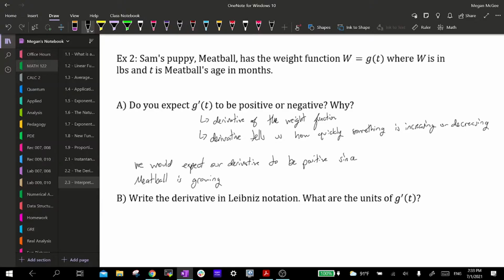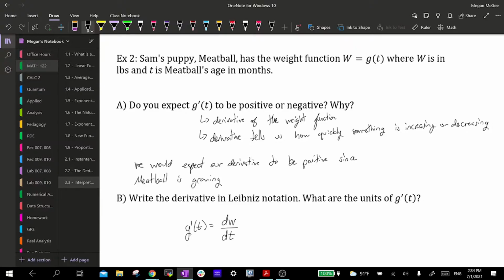Alright, part B asks us to write the derivative in Leibniz notation. And it asks what are the units of our derivative. So we need to write G prime of T is equal to, well, it's our derivative of our weight function with respect to time. So we have dW/dT.